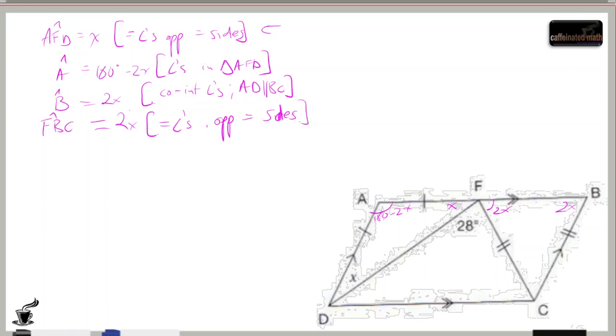Well, now I have enough information to figure out the value of x, because I've put them together in such a way that they are on a straight line and coming from different sections of the figure as a whole. So I'm going to use, quite simply, just a straight line equation, and then I'm going to say that x plus 28 degrees plus 2x is equal to 180, given everything that I've proved in here. Say angles on a straight line.